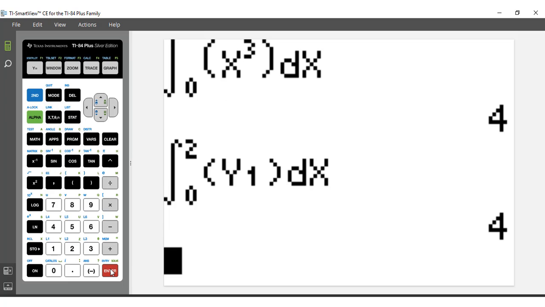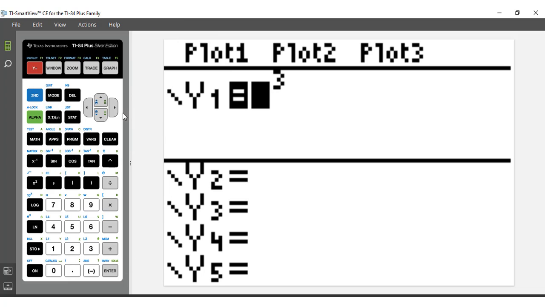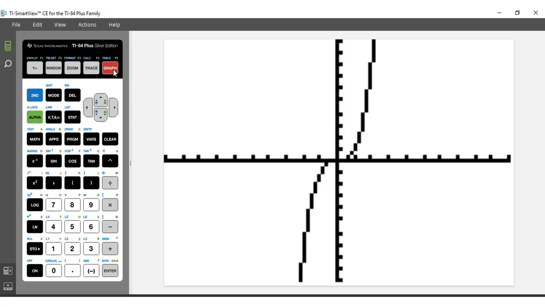Then enter. You will get the same answer. Or after you put the function into this y1, you can click graph.